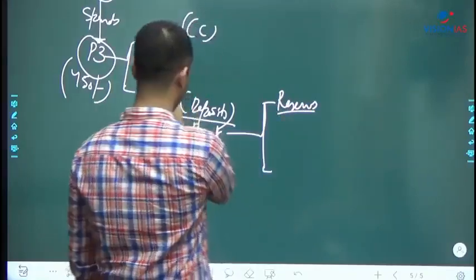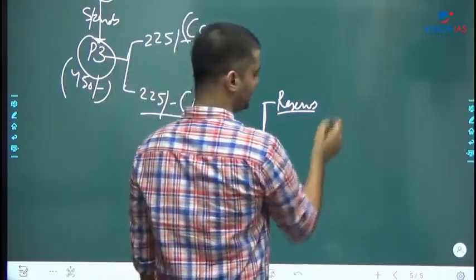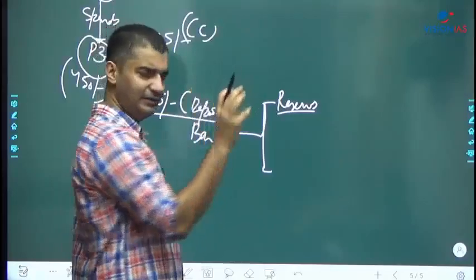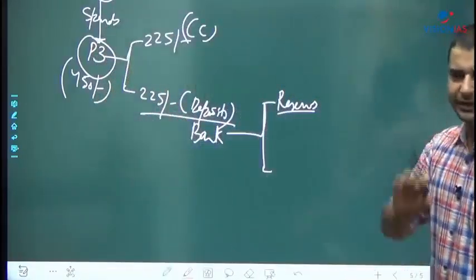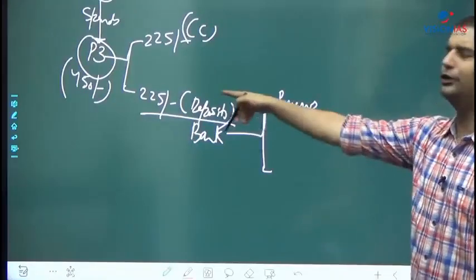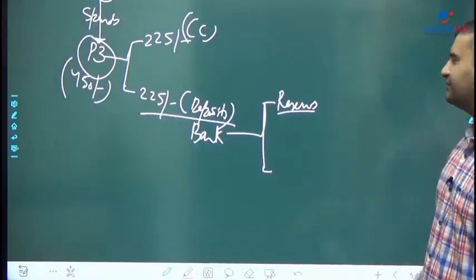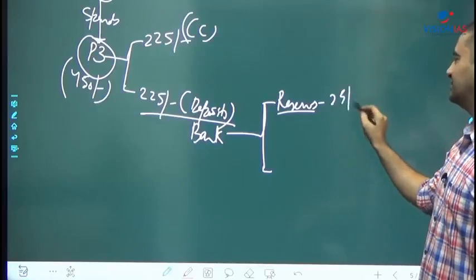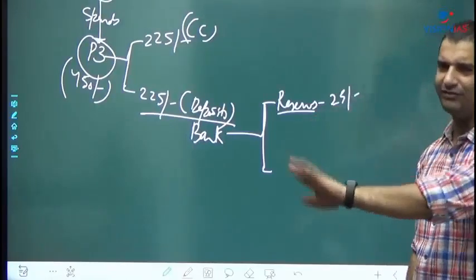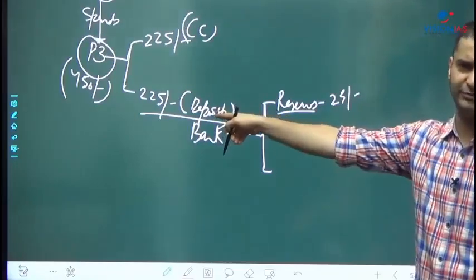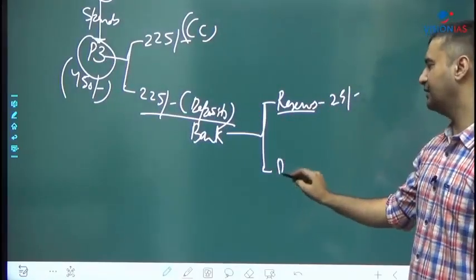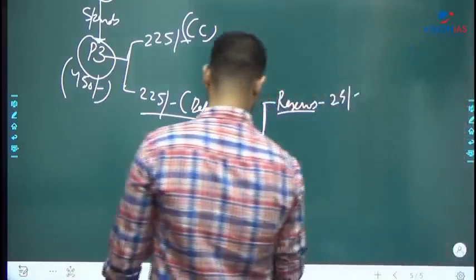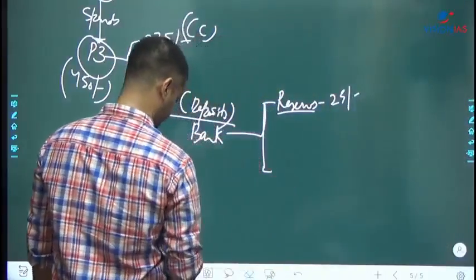Reserve is 10% of 225. Let me be a little bit liberal in ratios. So 22.5 rupees bank will keep as reserves. So let me keep 25 rupees as reserve. 25 रुपए लगे. 10%, 22.5. Remaining would be 202 rupees 50 paise. So 25 rupees is kept as reserves and the rest is lent. The bank lends.